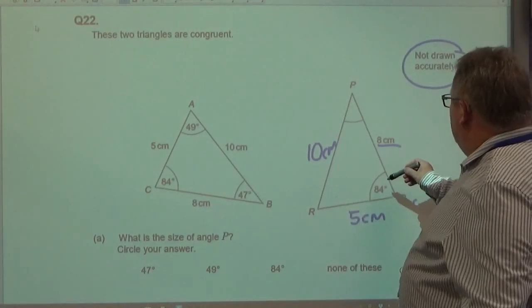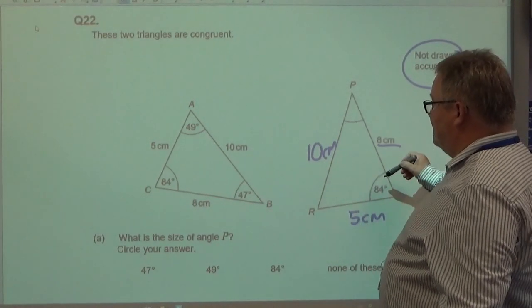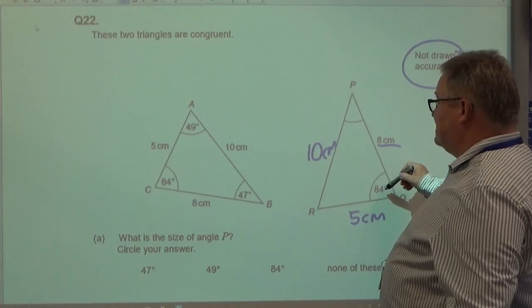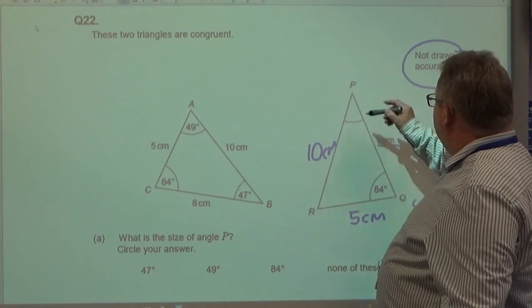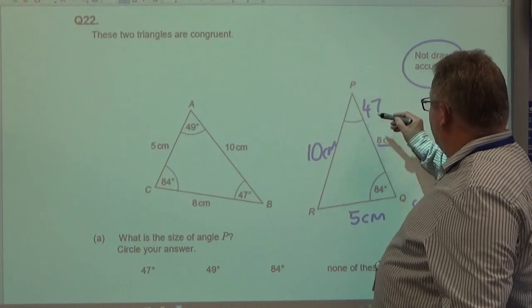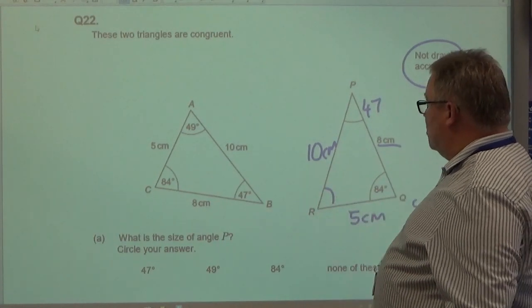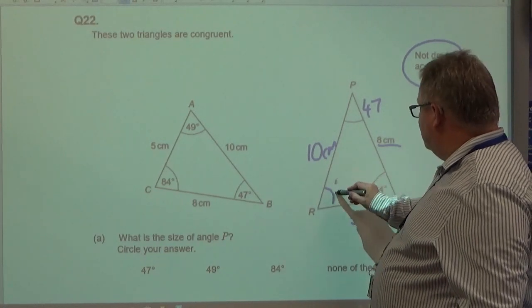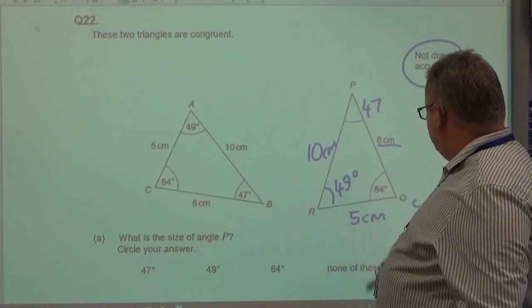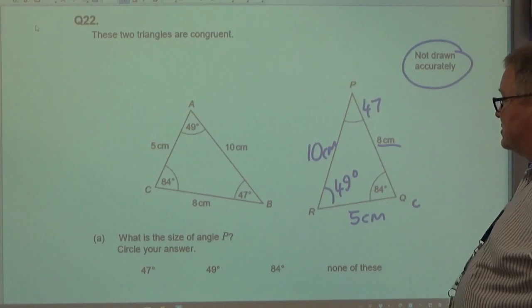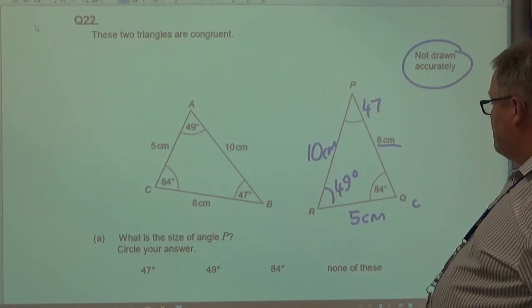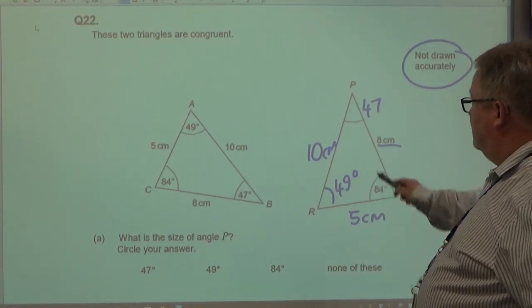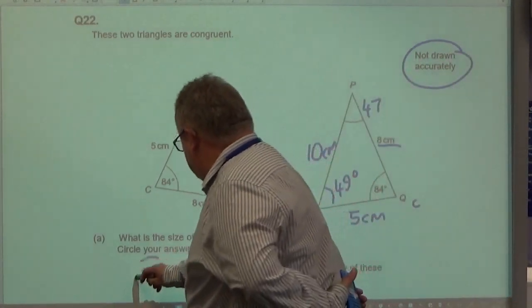The angle at the end of the 8 centimetre line, so 84, then 47 is going to be along there, and then our final one, at the end of the 5, is going to be 49. So I think we've got it all sorted there. So what's the size of angle P? Well, angle P up there is 47.